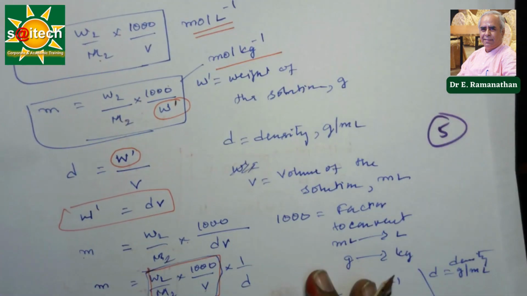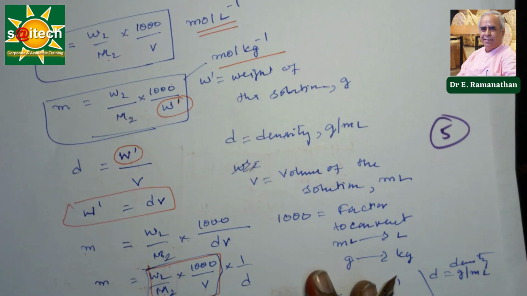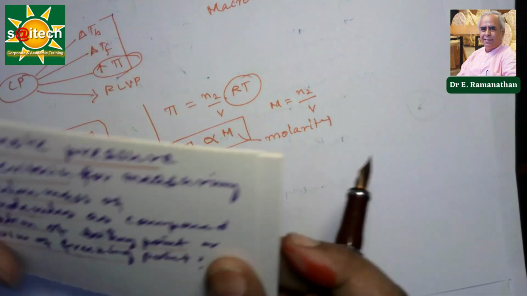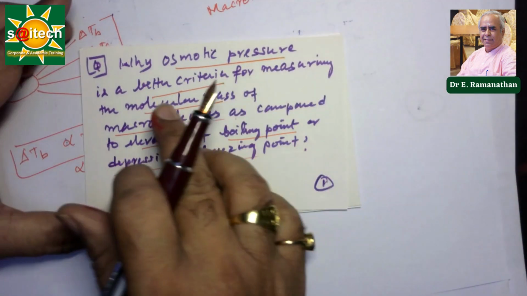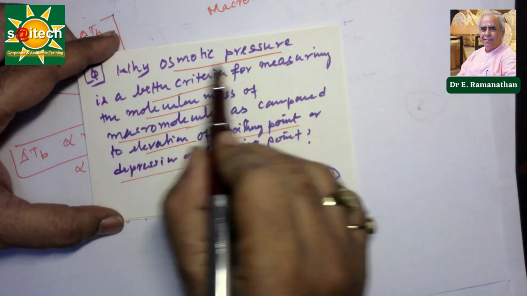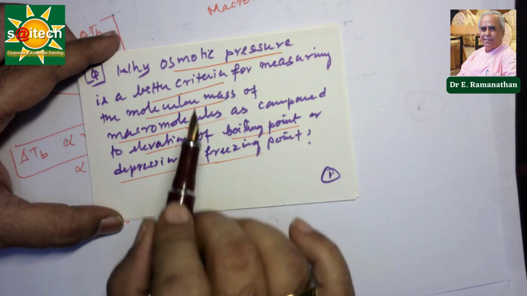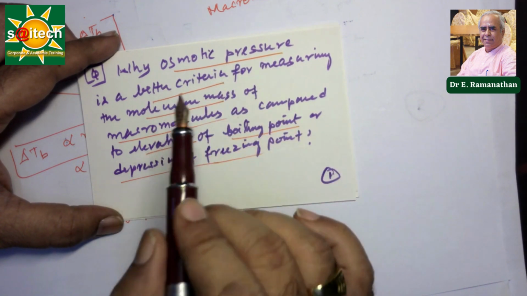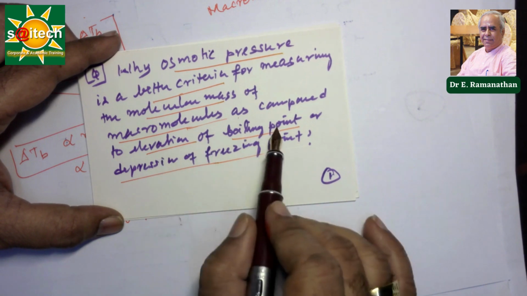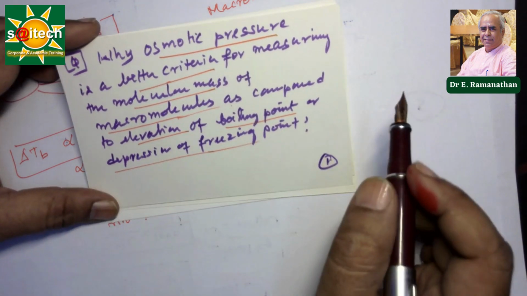Right. Now let us further explain this. Let us go through once again this colligative property based problem: why osmotic pressure is the preferred criterion over elevation of boiling point and depression of freezing point.